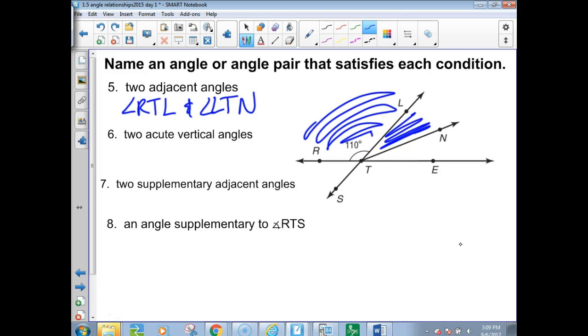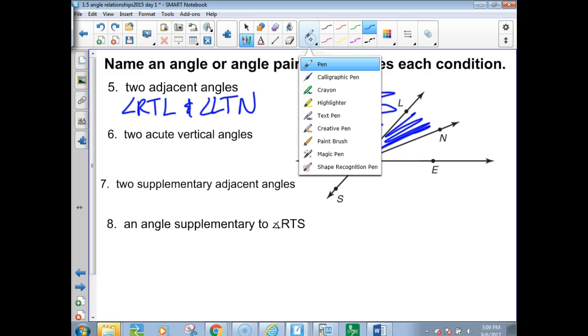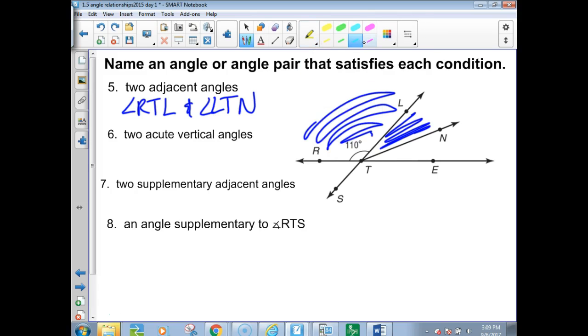Okay, now I need acute vertical angles. This is a little trickier. They need to be less than 90 and vertical. So I'm going to highlight something to help us visualize that. I'm going to highlight ray or line RE and SL. Because remember, they have to be made by lines that cross. So we're going to have to really work.